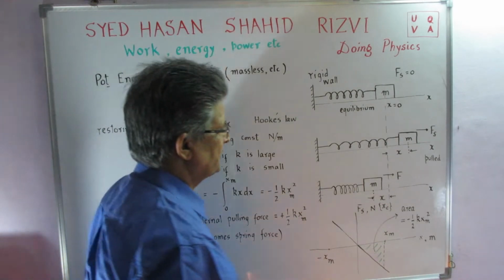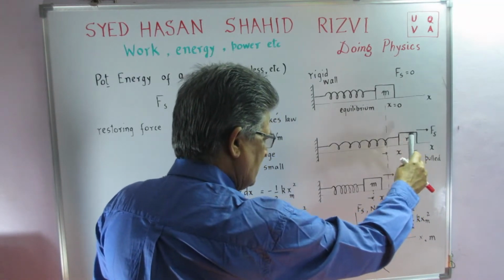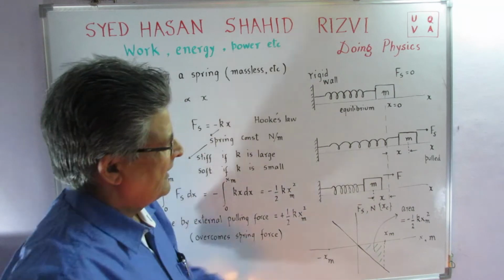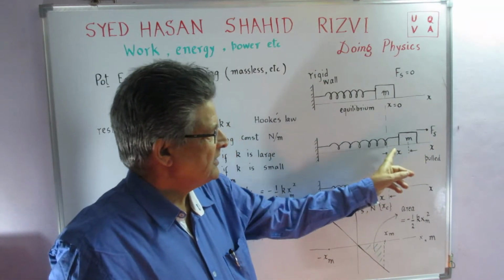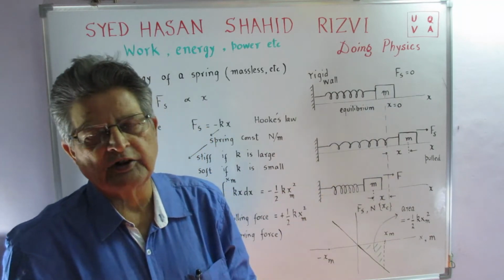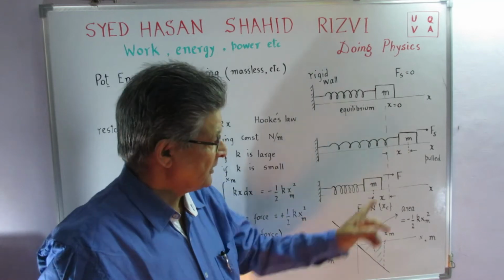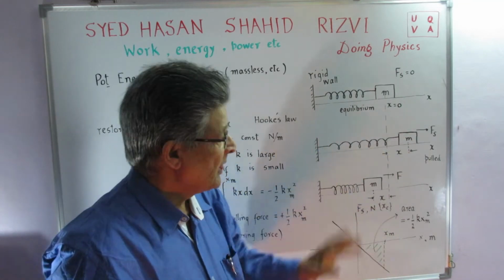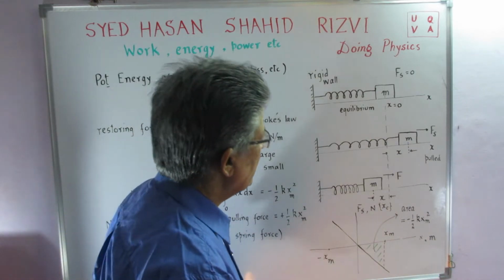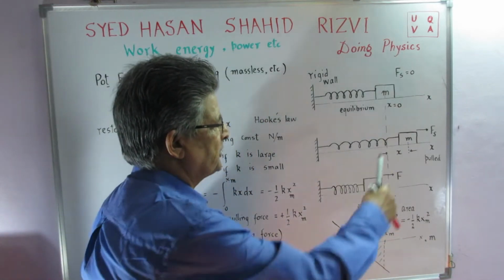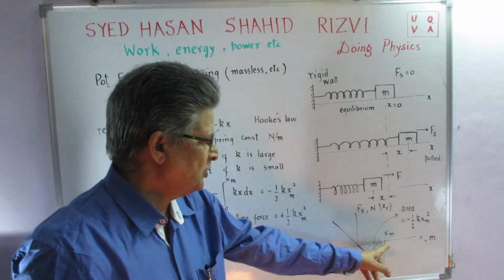So what happens is that when this is released, in the maximum condition, the potential energy associated with the system will be maximum, its velocity minimum, and therefore the total energy of the system will be the potential energy at this displacement xm, which has been shown over here.